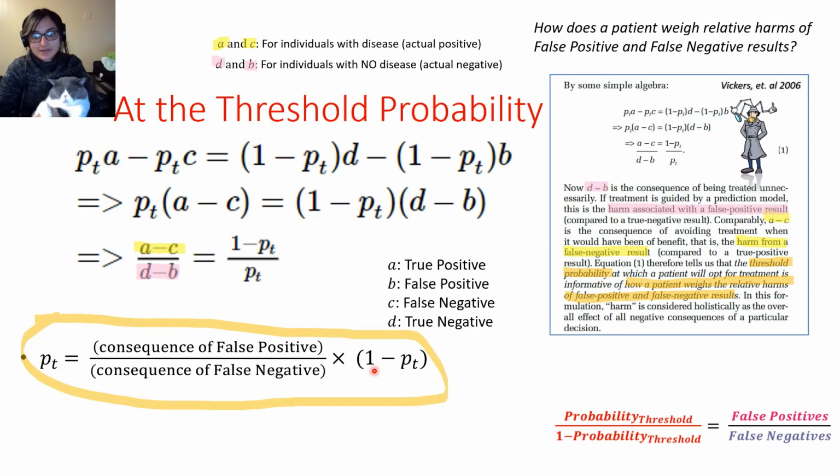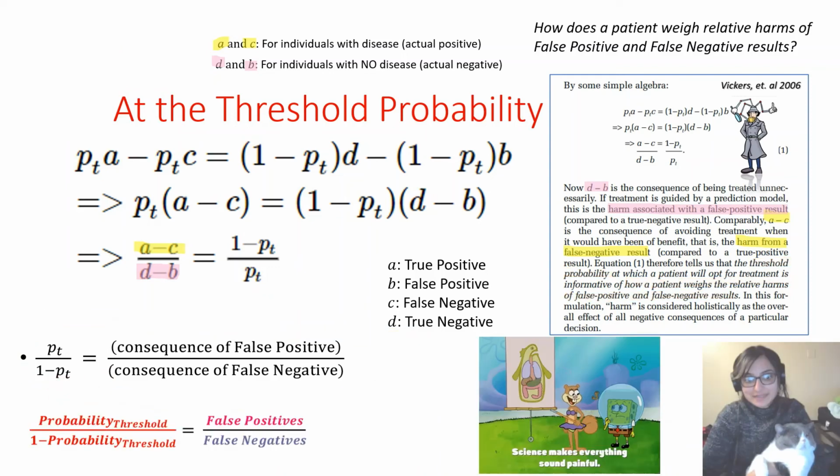So we're going to divide both sides by 1 minus PT, and get the final result: PT over 1 minus PT equals the consequence of a false positive divided by the consequence of a false negative. Therefore, the probability threshold over 1 minus this probability threshold is the ratio of the relative harms of false positives to false negatives. And these relative harms consider everything, like how you weigh everything.